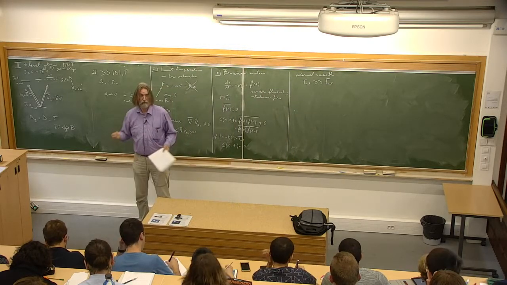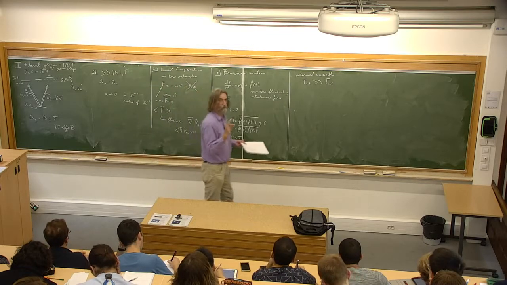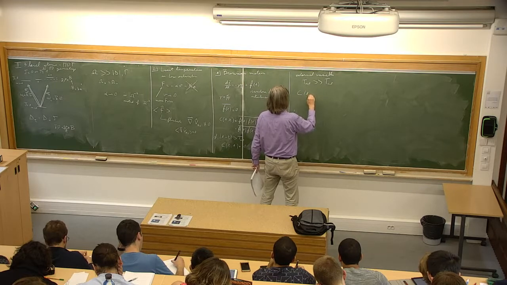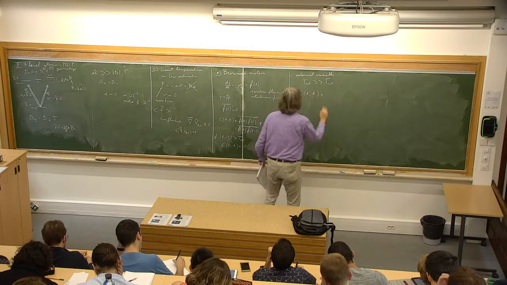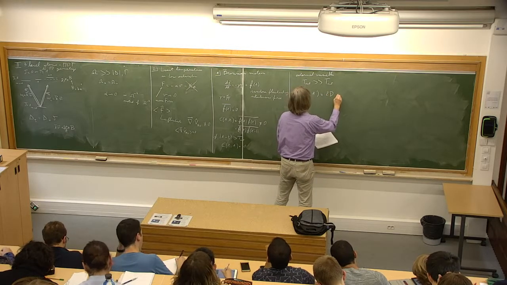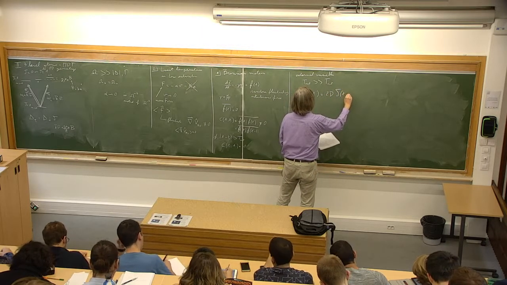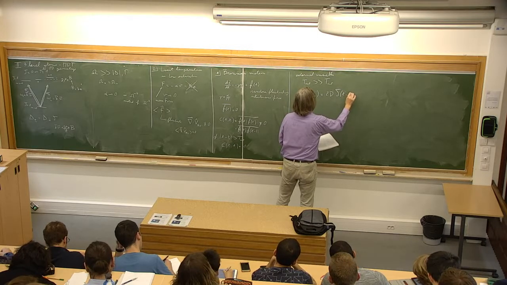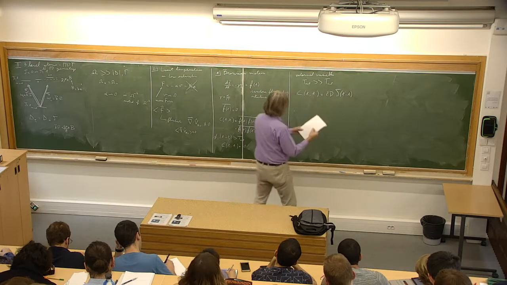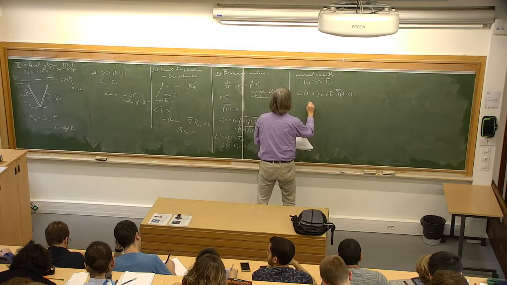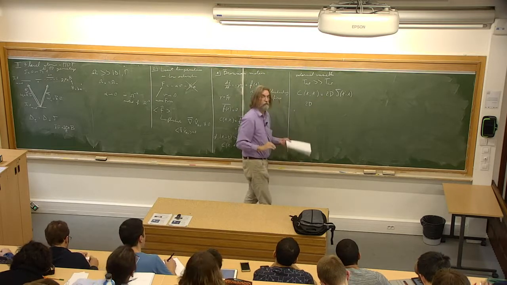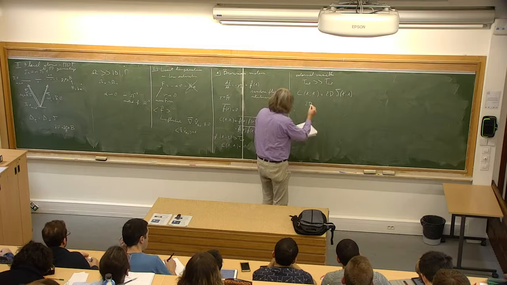So for our purpose, which is not for all purposes, you can consider that this quantity just becomes a delta function with this coefficient. So don't ask me why they put a factor of 2 here. They put a factor of 2 here.